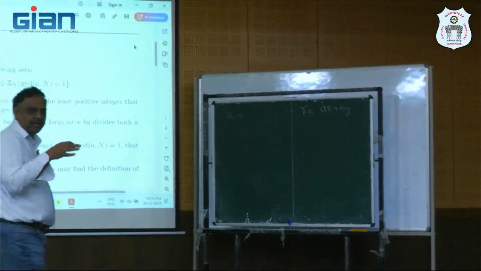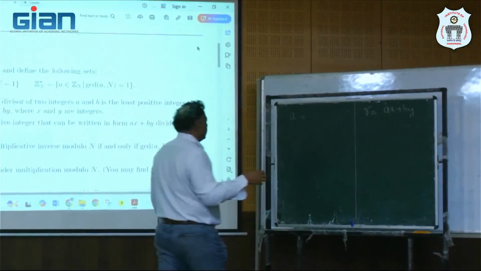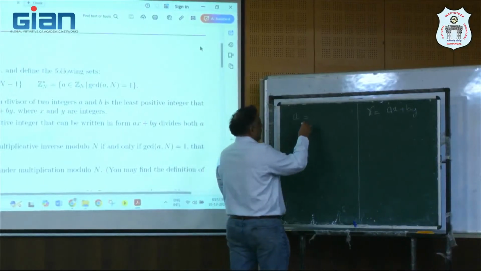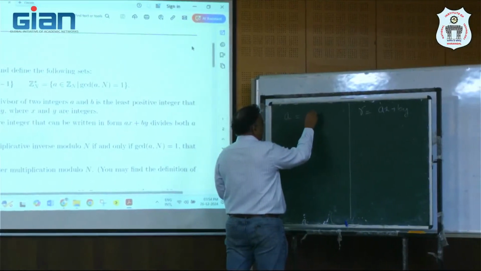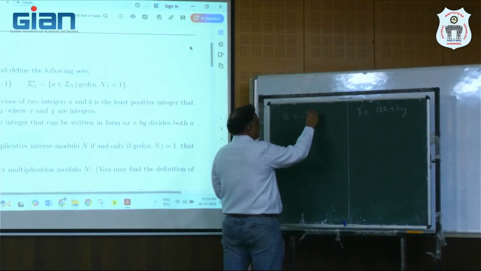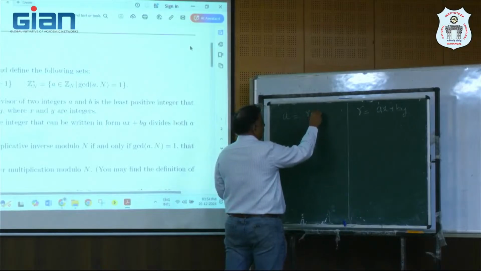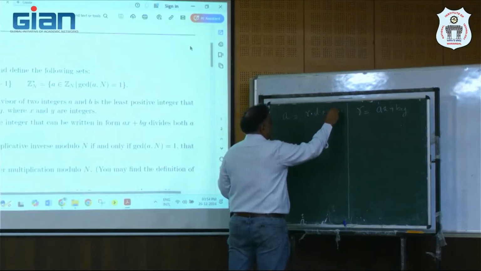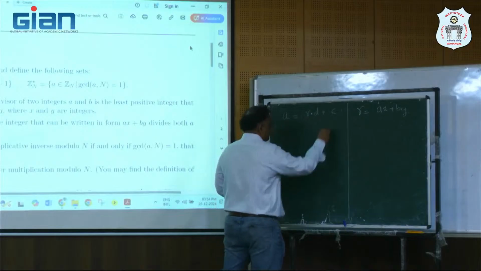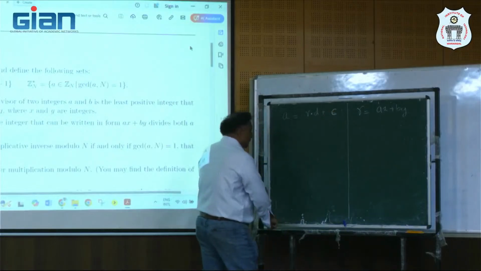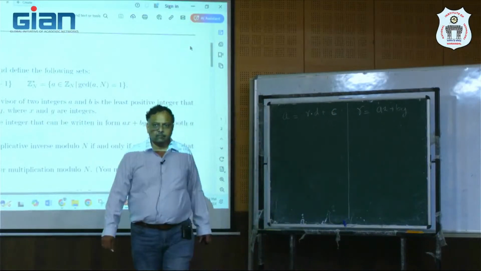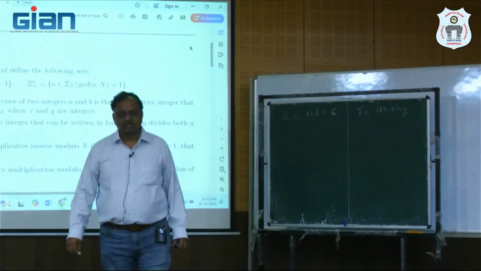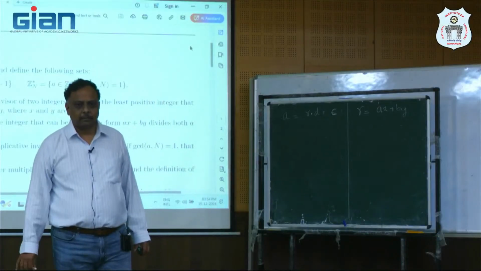But it was not dividing A, correct. That means you can write A as R times some D plus C, correct. C is the remainder, agreed.